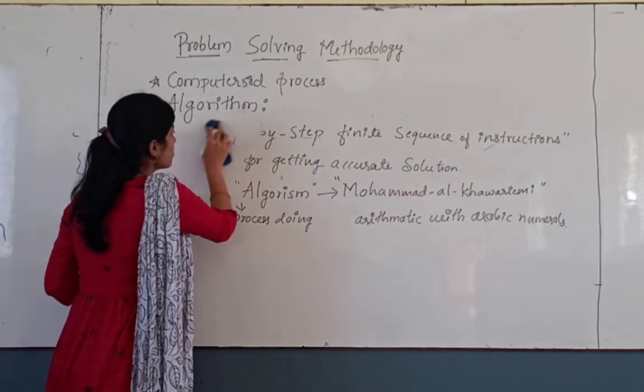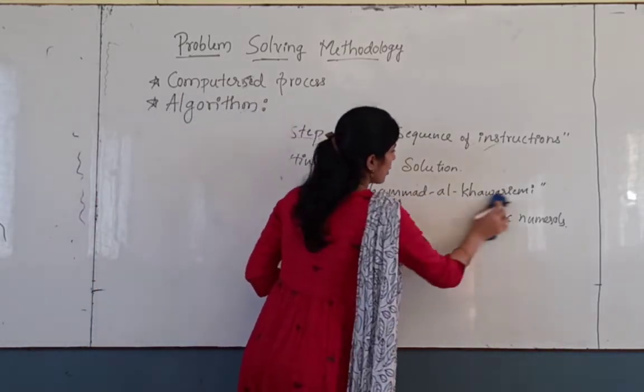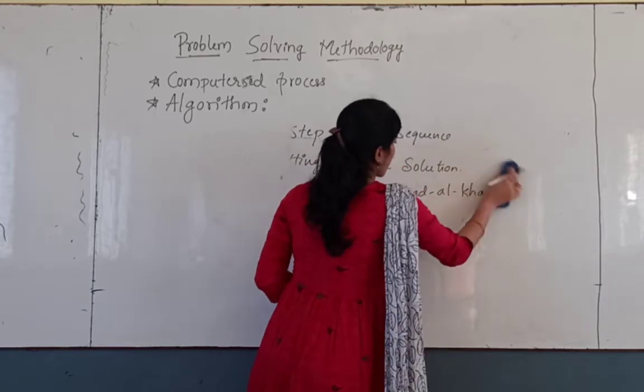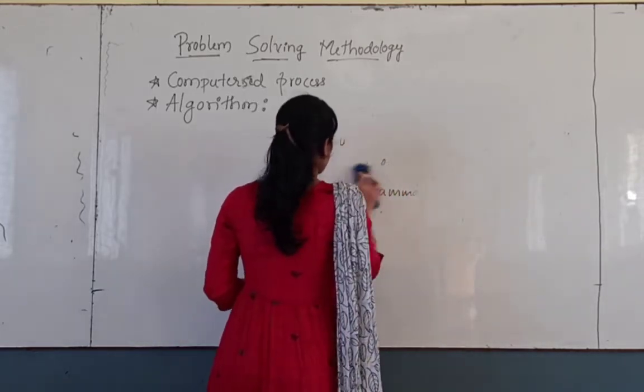This algorithm mainly contains 5 characteristics, which are helpful for coding.